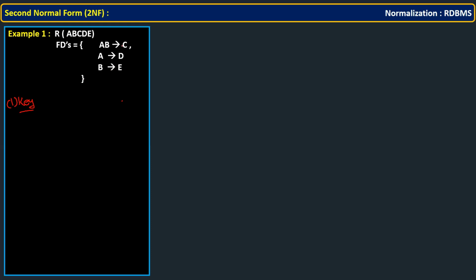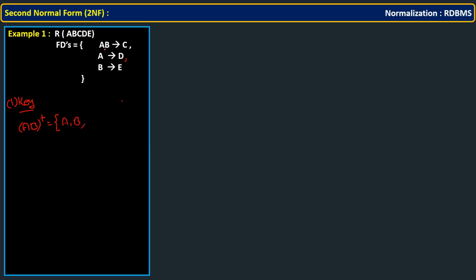The first thing is, in the RHS part of any functional dependency, whichever attributes are not there, collect those. A is not there, B is not there, and C, D, E, the remaining three, are there. So we are going to take A, B and find their closure. AB closure: A will be there, B will be there.